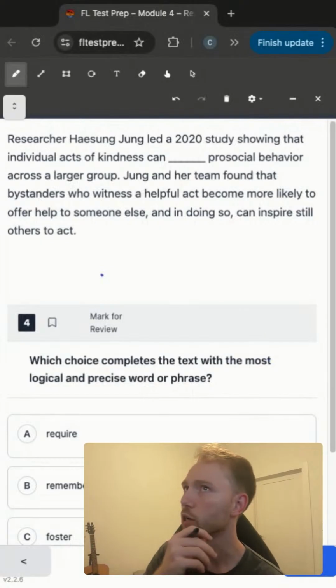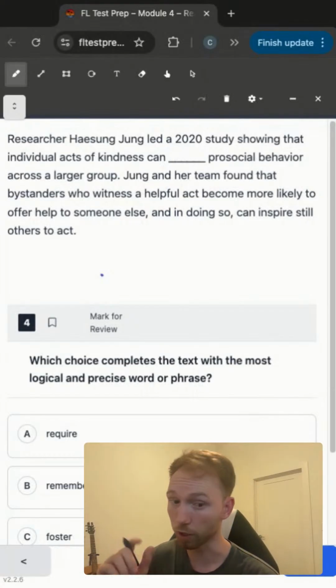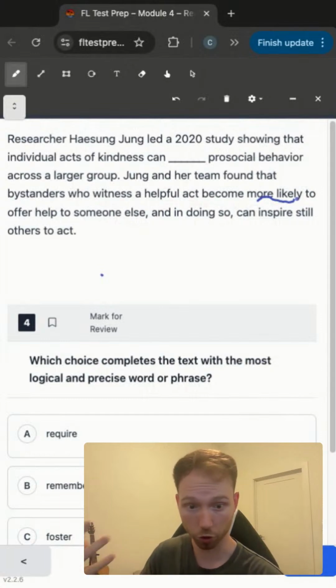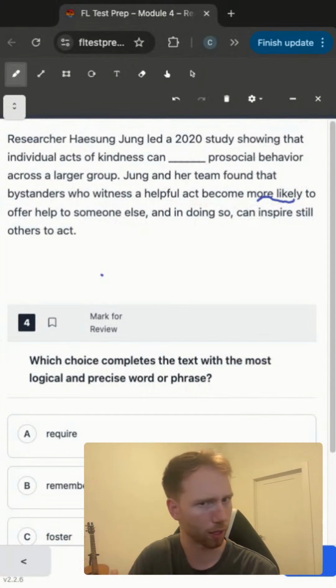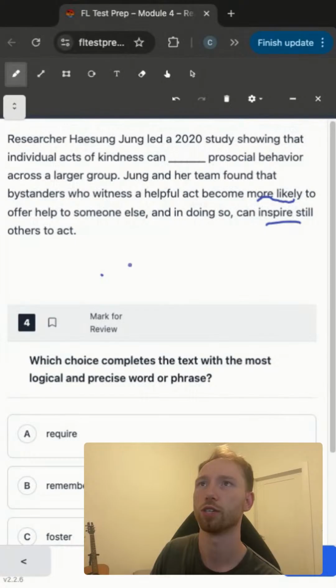Okay, cool. So I don't have enough, at least on this first sentence, to make an accurate prediction, but looking at the rest, Jung and her team found that bystanders who witness a helpful act become more likely. That's a strong word. That changes my opinion about something. It is more likely to happen. And offer help to someone else, and in doing so, inspire others to act.